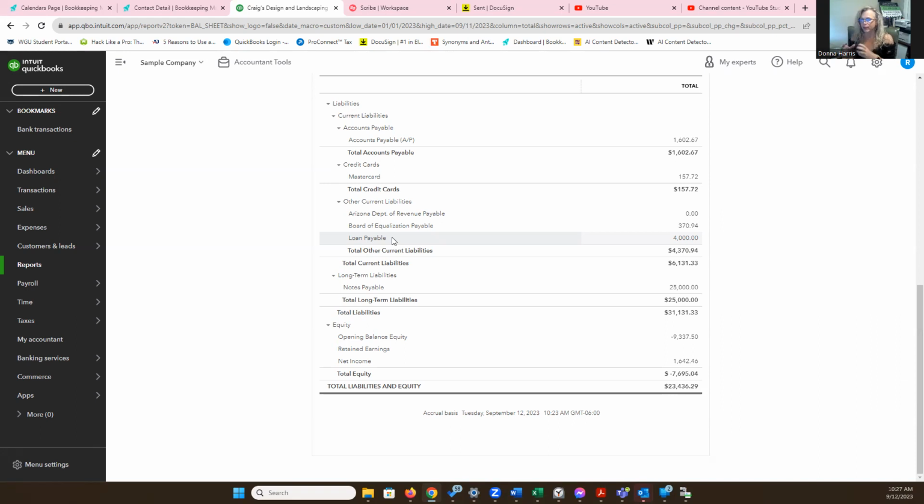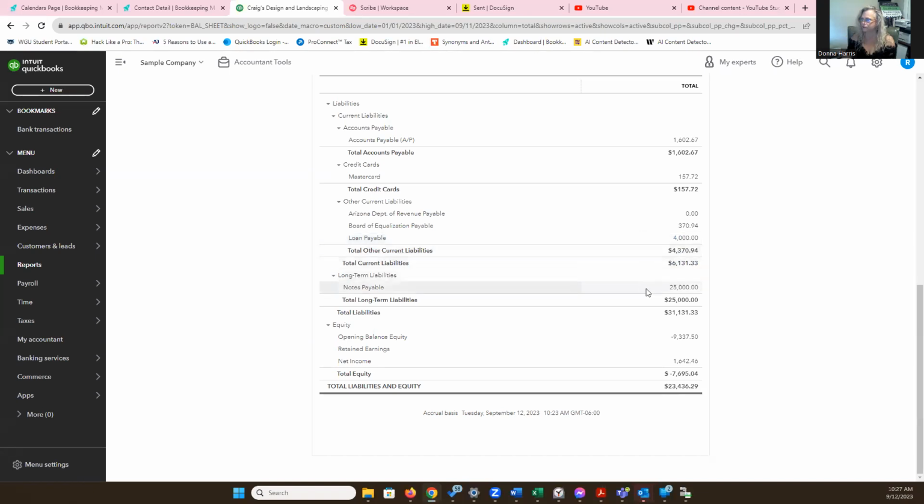But as I'm doing these for my clients, I want my client to be able to take a quick glance at this and be able to see what the heck is going on in their books. So I want them to be able to recognize the names of the loans and the notes. And most people don't differentiate between notes payable and loans payable.